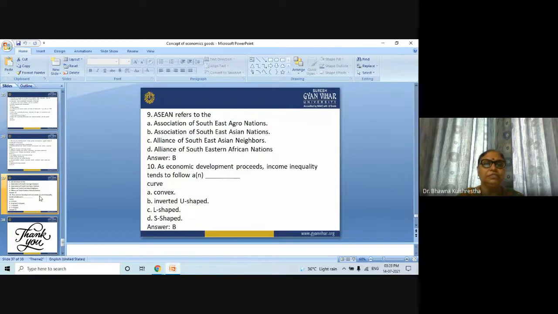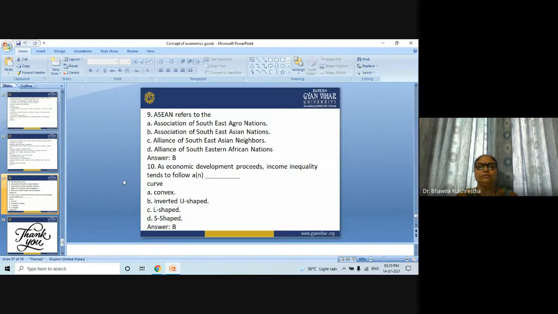And the next question, ASEAN refers to the Association of Southeast Agro Nations, Association of Southeast Asian Nations, Alliance of Southeast Asian Neighbors, and Alliance of Southeastern African Nations. Right answer of this question is Association of Southeast Asian Nations.